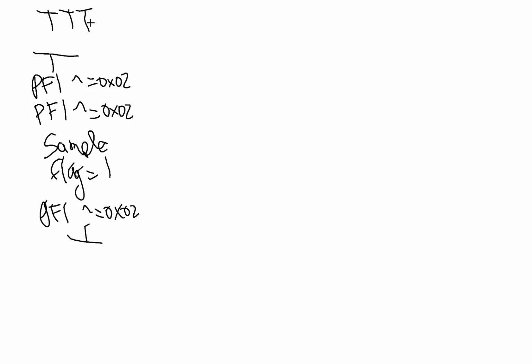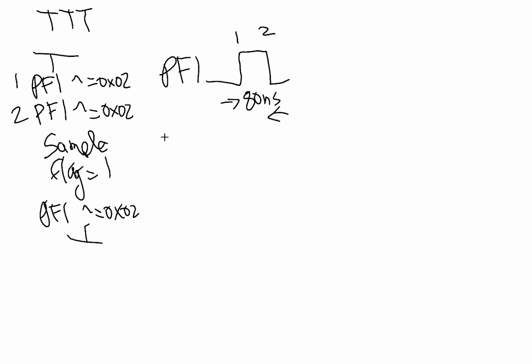And so if I looked at PF1 on my scope or logic analyzer, I would see the first two toggles would occur very close to each other. This is toggle number 1, and that's toggle number 2. And they're going to be separated by about 80 nanoseconds because that's how long it takes to toggle.